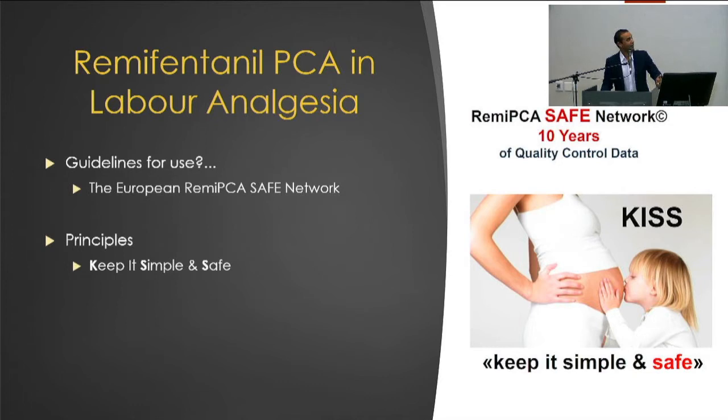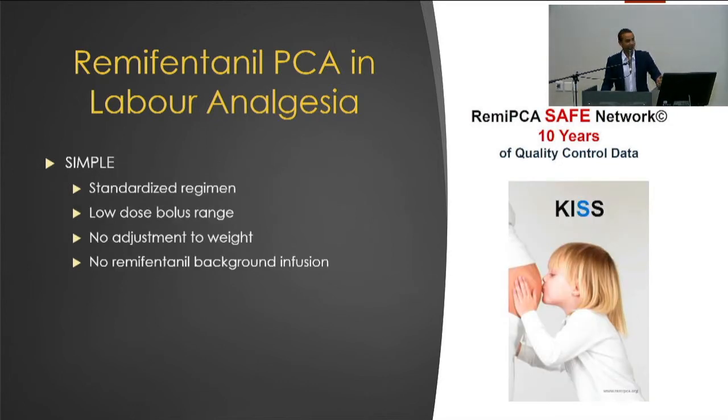Number one, simple: standardized regimens, low dose, with no background infusion. The current recommendation is to make up a bolus dose of 20 micrograms per mL, with no background infusion and no other opioid given.